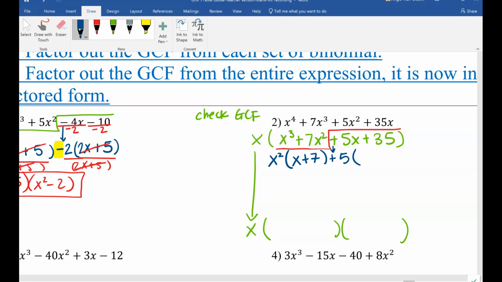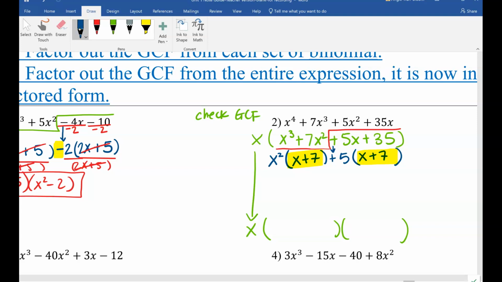These both have 5 in common. So 5x divided by 5 is x. 35 divided by 5 is 7. So now you can factor this out. Anytime you see, after factoring out the GCF from each binomial after breaking it into 2 halves, that you have a quantity that's exactly the same, that means this question is factorable.